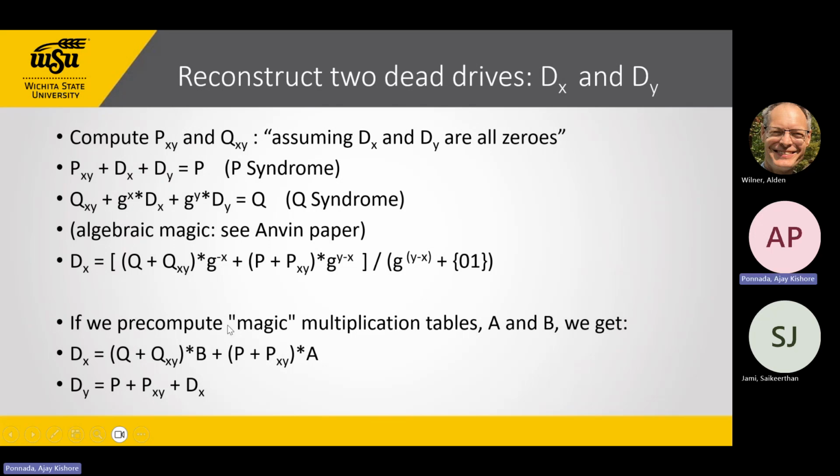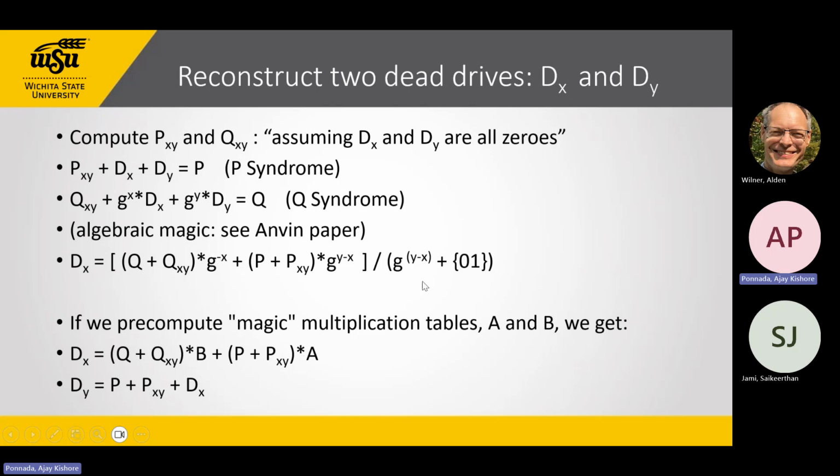If we pre-compute magic multiplication tables A and B, there are some magic multiplication tables provided in the paper. We use those tables to compute A and B. So dx here, q plus qx, it's g minus x, we are making it b, and this term we are making it a.